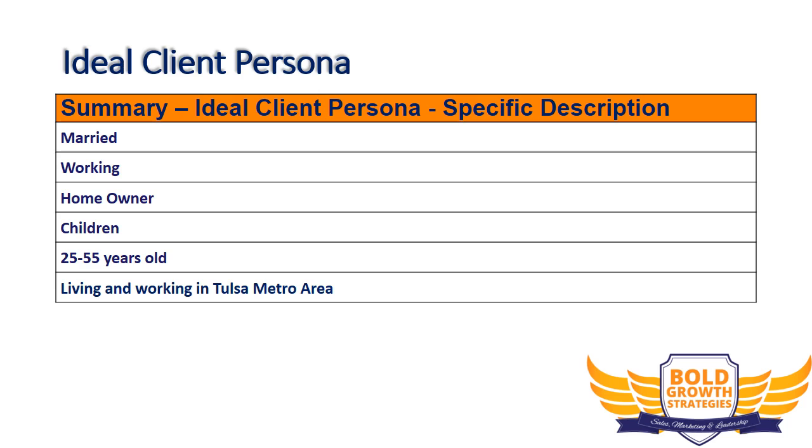So a 6-star prospect would be married, has a job, they own a home, they have children, they're between the ages of 25 and 55, and they live and they work in the Tulsa metro area. So a very clear picture of who they're looking for, and a 6-star prospect is really who they'd like to meet. They'll meet with up to about a 2-star prospect, but below that, they're probably not going to meet with them.